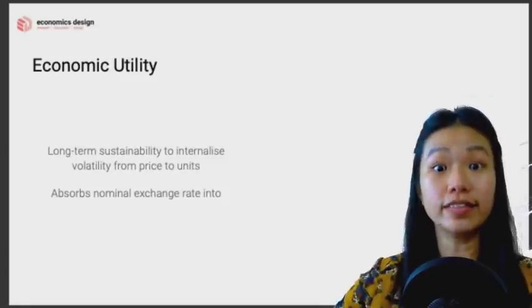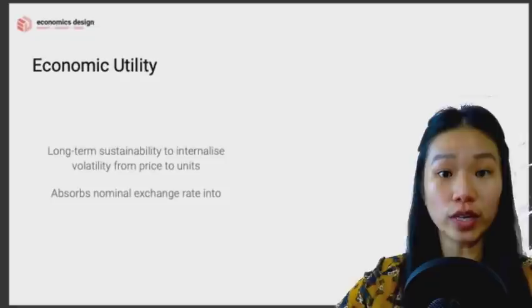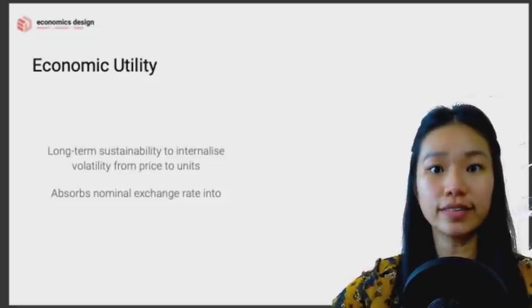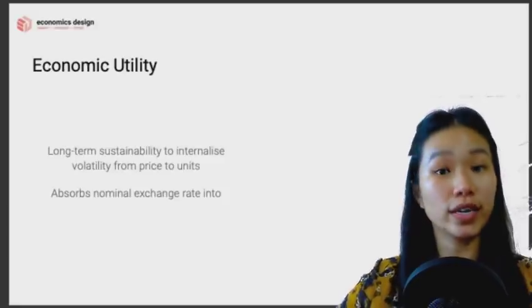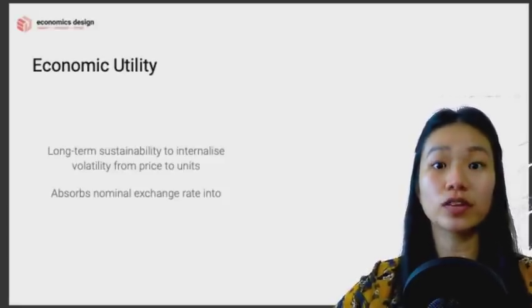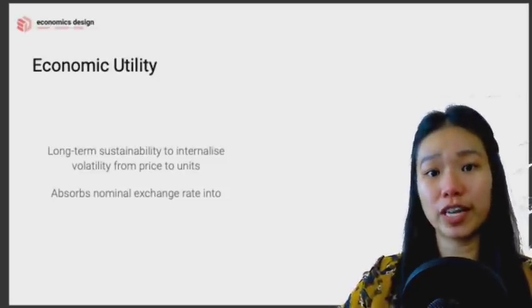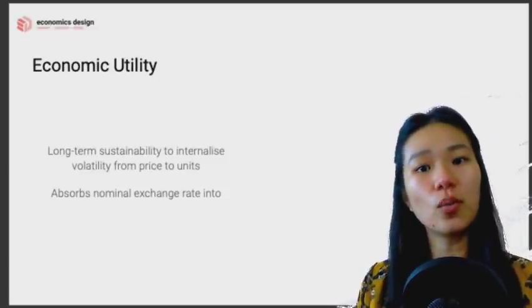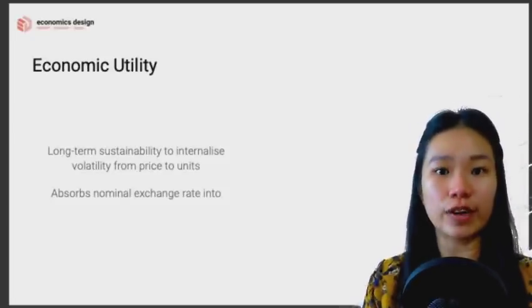So this is good because when you don't internalize volatility, you externalize it, and that's where your token prices will go up and down like crazy. When you internalize it, your token prices can be a bit more stable, which is what they want. This is very important for day-to-day use cases because you don't want the value of your goods to be fluctuating crazily.